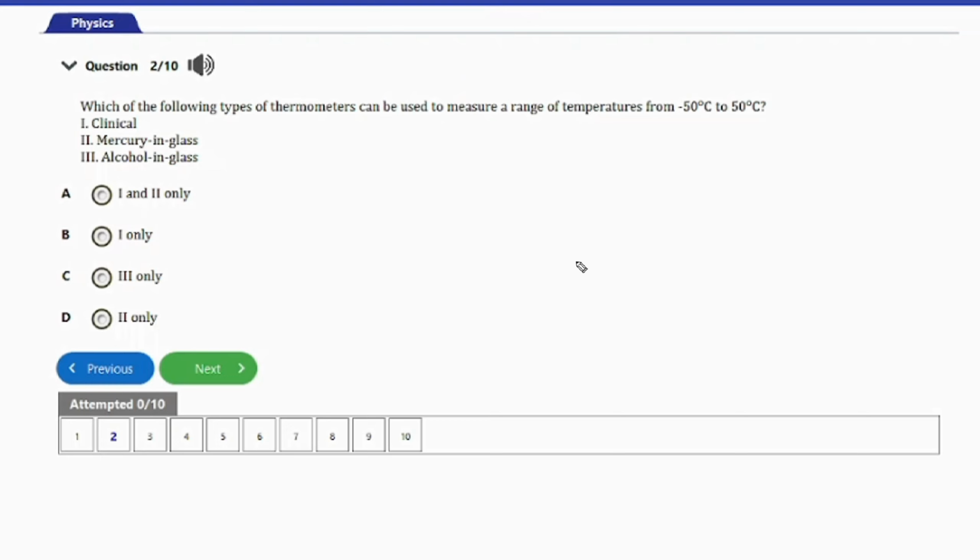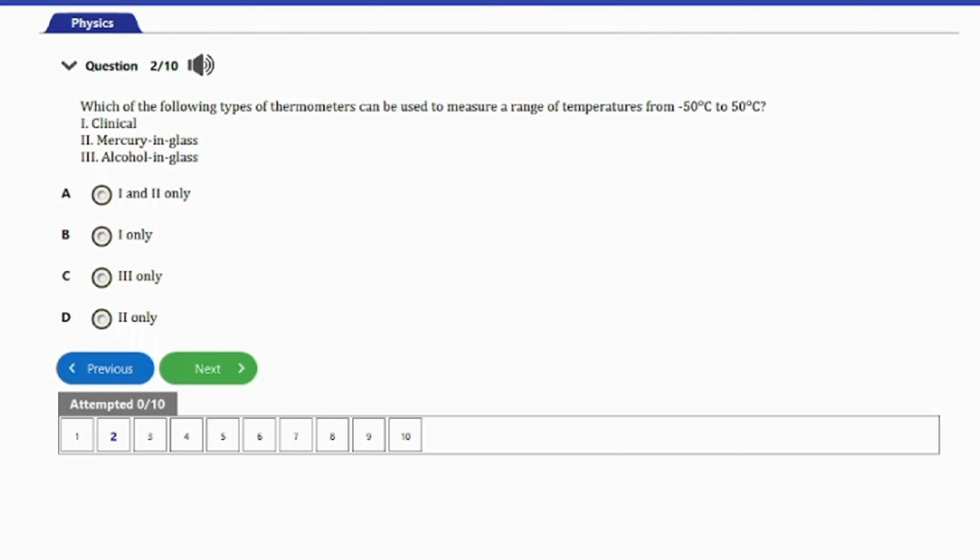It says, which of the following types of thermometers can be used to measure a range of temperatures from -50 degrees Celsius to 50 degrees Celsius? I, clinical. II, mercury in glass. III, alcohol in glass. So guys, option A says I and II only. Option B, I only.